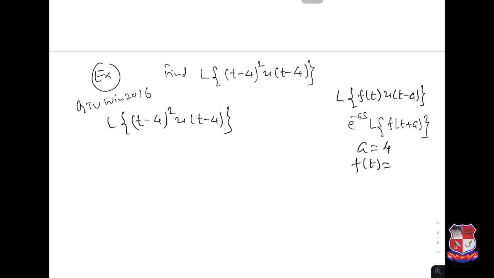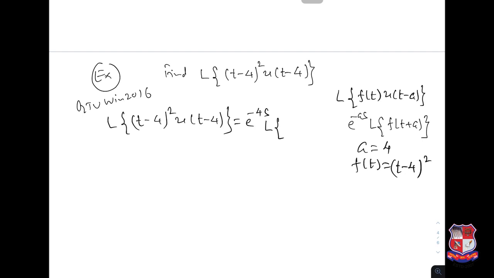F of t here is (t minus 4) square. So that is e power minus 4s Laplace transformation of f of t plus a.